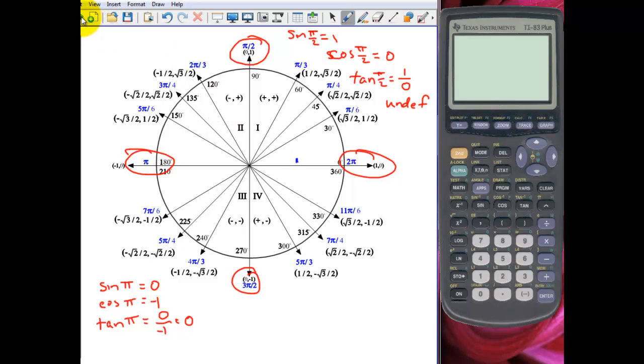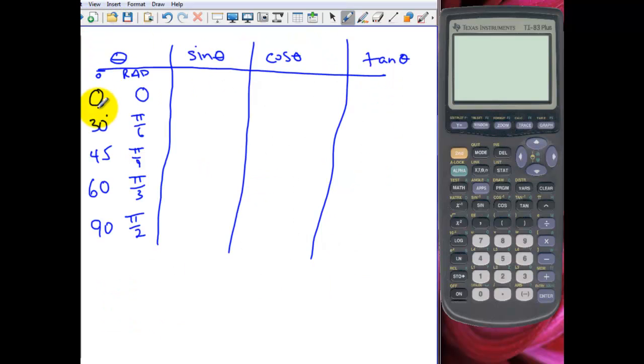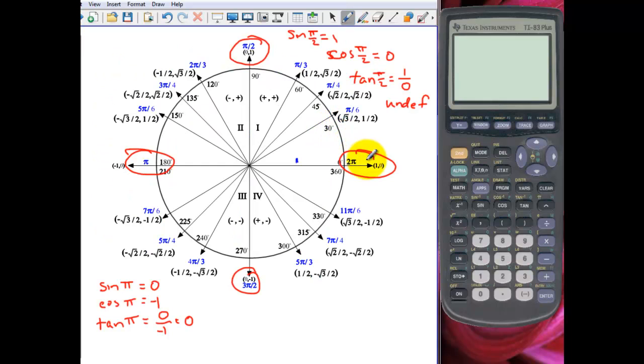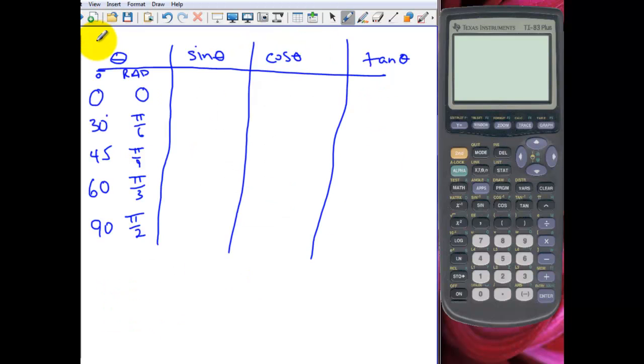So now let's go back to my pattern for how to remember these. If we look at the unit circle, our numbers for sine are the y. I'm going to put that in the first column. 0, 1/2, square root of 2 over 2, square root of 3 over 2, I'm sorry, a 1. Now the way I remember that is we put these as square root of 0 over 2, square root of 1 over 2, square root of 3 over 2.